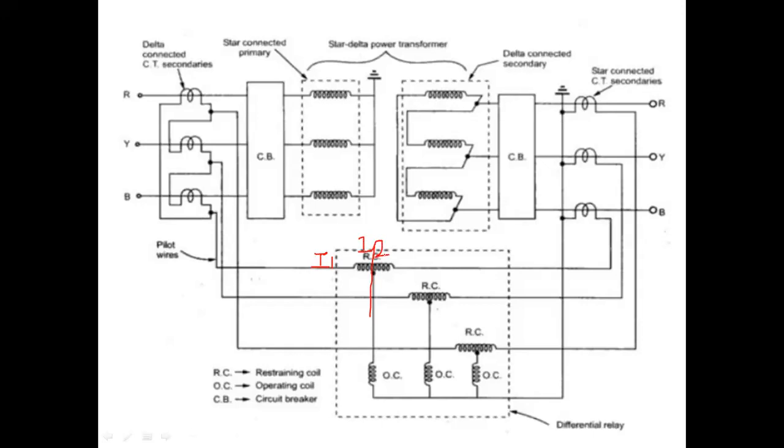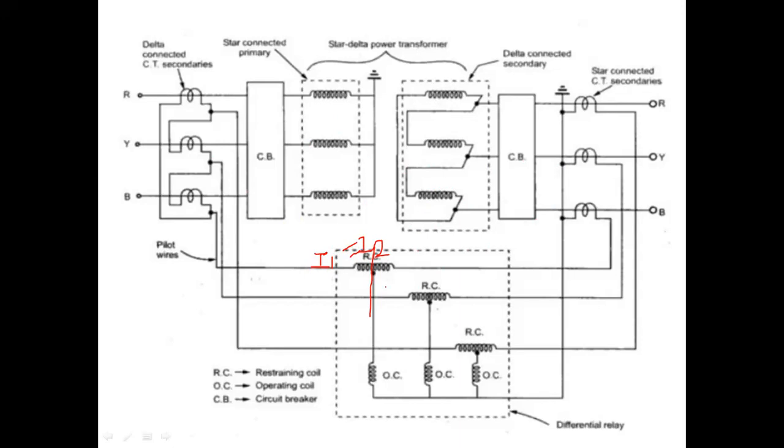Now what will happen if there is any difference between the currents? Actually I1 should be equal to I2, right? Meaning whatever current we give to the primary of the transformer, the same supply should be there at the secondary, right? Then if there is some difference in it, that is nothing but the fault.